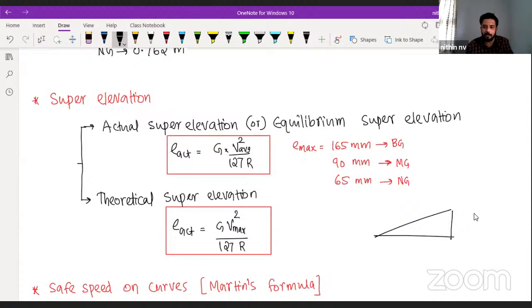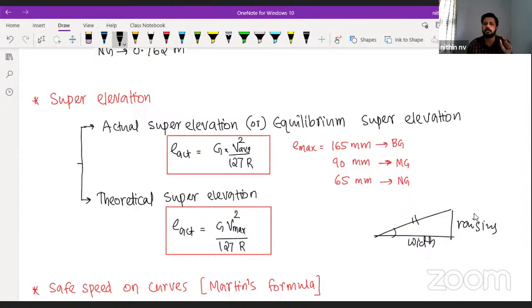On highway, we have taken the tan theta value, this raising divided by this width. We have approximated it to the width of the road. This tan theta we have studied in highway engineering is nothing but a decimal. That's why we said the maximum value is 7% or 0.07.